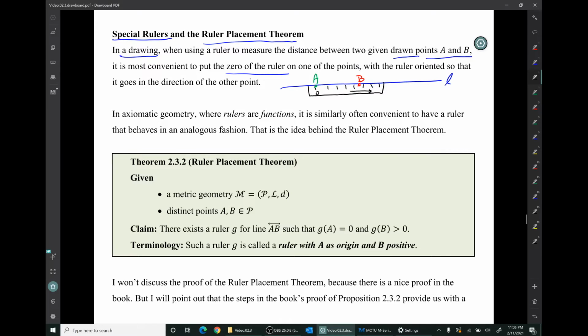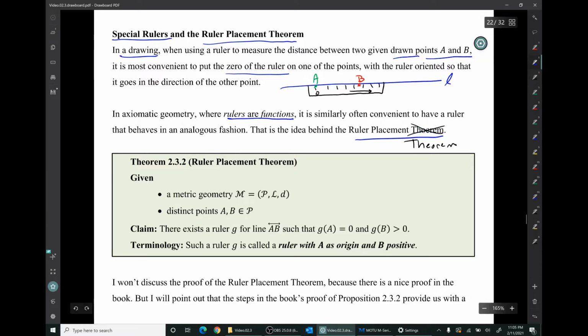Well, in axiomatic geometry, where rulers are functions, it's similarly often convenient to have a ruler that behaves in an analogous fashion. That's the idea behind what's called the ruler placement theorem.